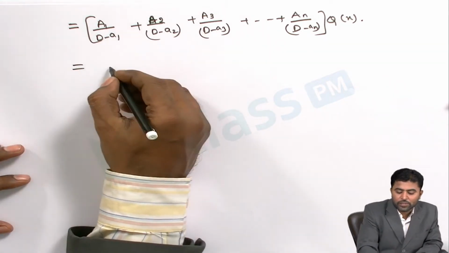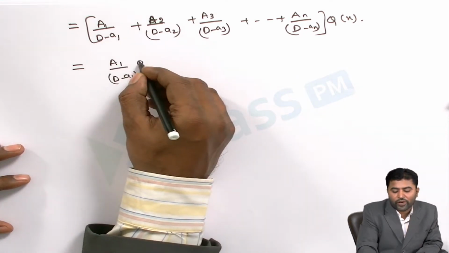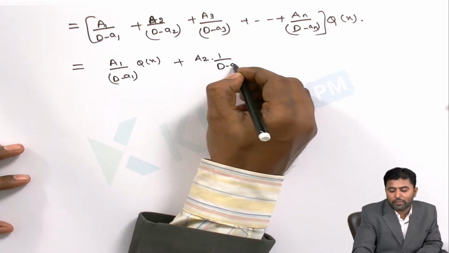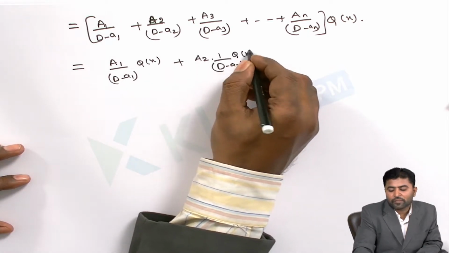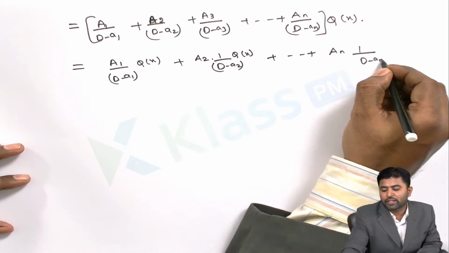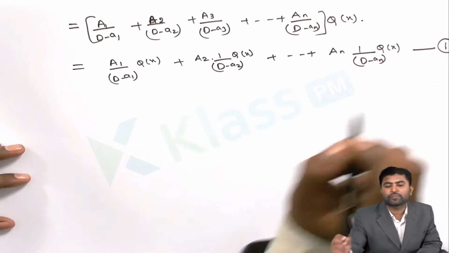Then I'll separate the terms. Then I'll write it as a1 by D minus a1 into Q of x plus a2 into 1 by D minus a2 Q of x plus and so on, an 1 by D minus an into Q of x. I'll write this as equation 1.